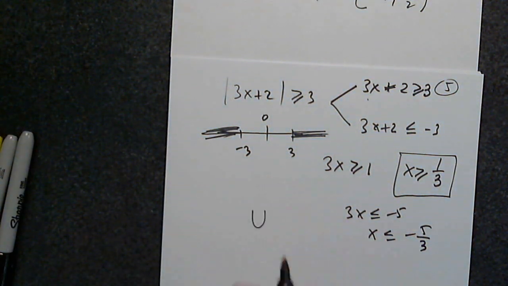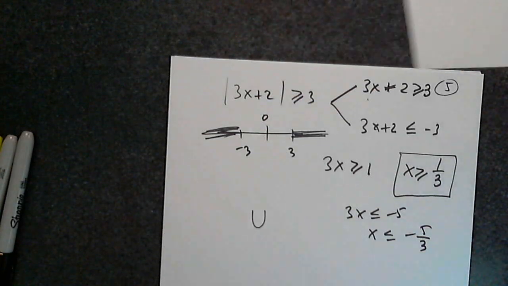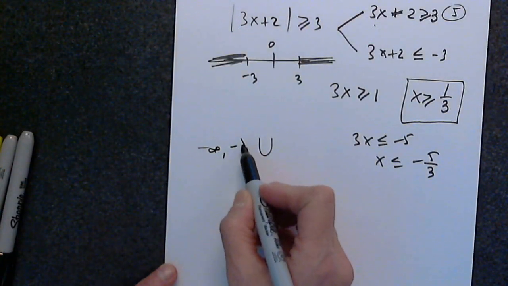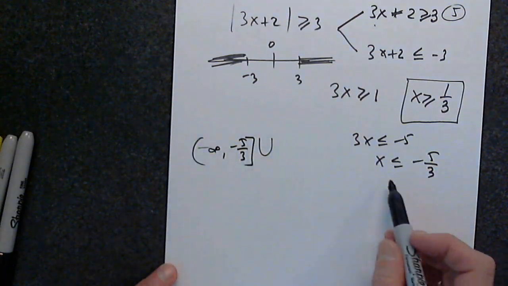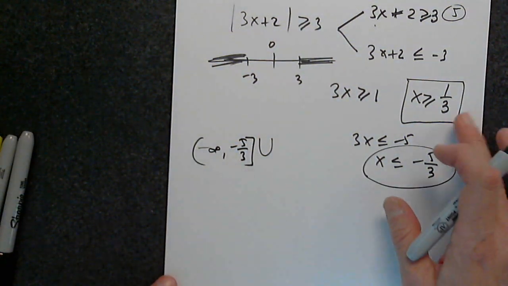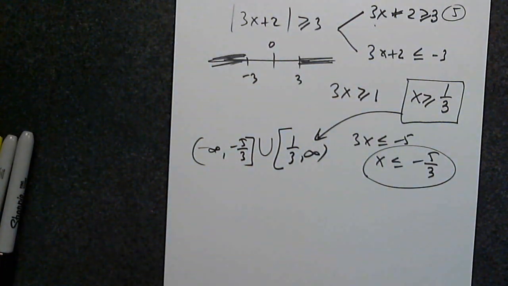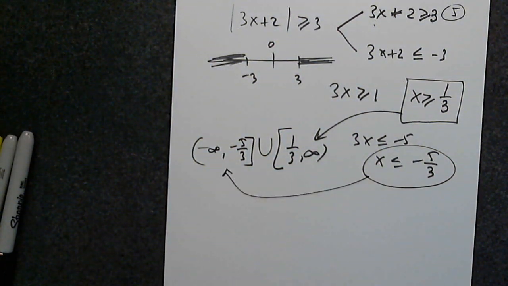All I have to remember is that the solution must have the union in between. So this will be -∞ to -5/3, which is this side, and union 1/3 to infinity, which is this side. Does it make sense?